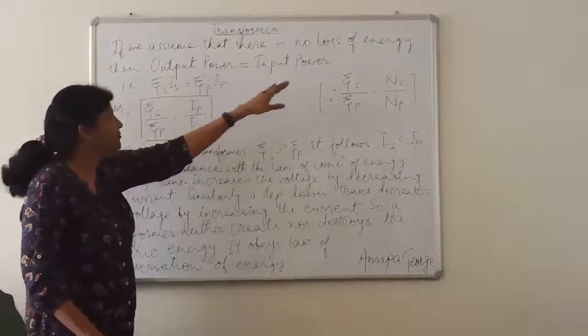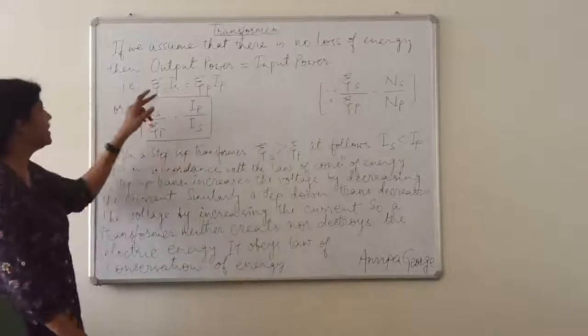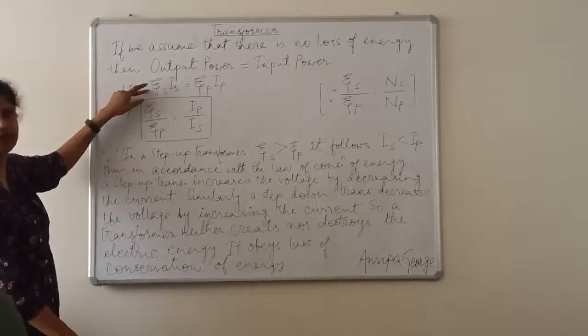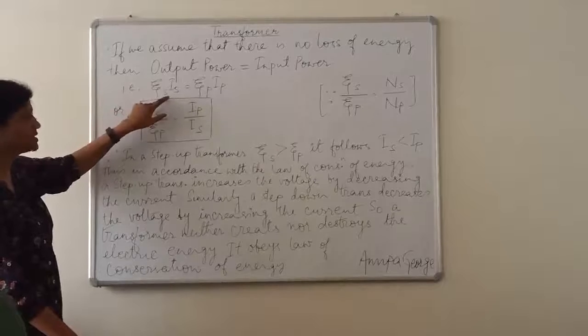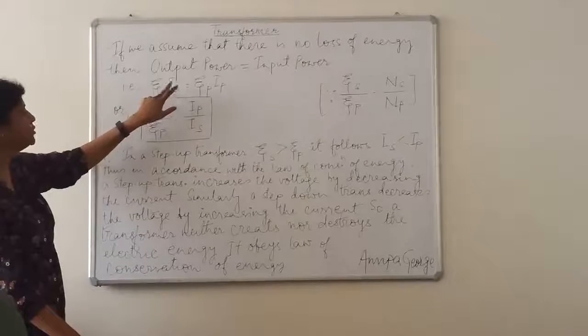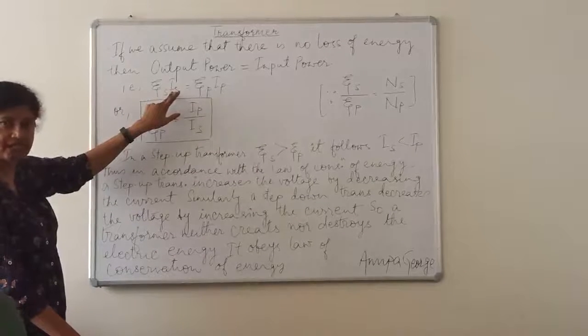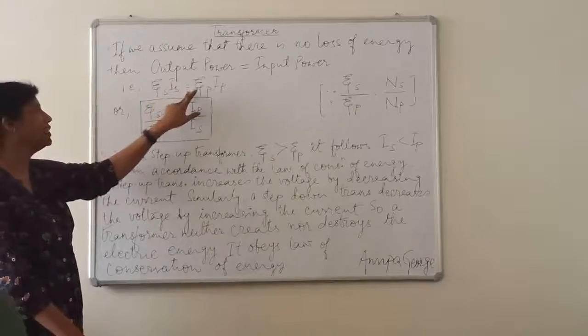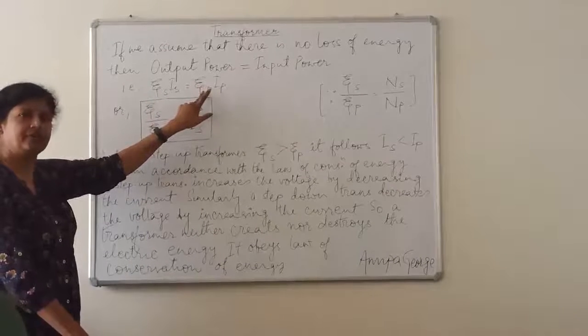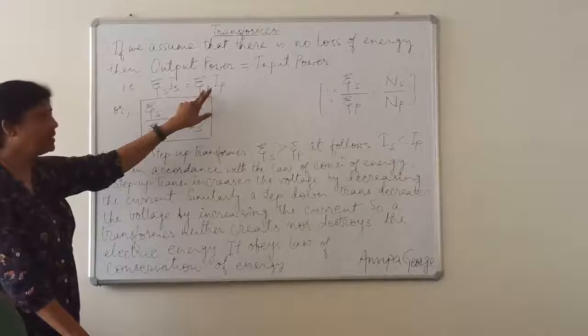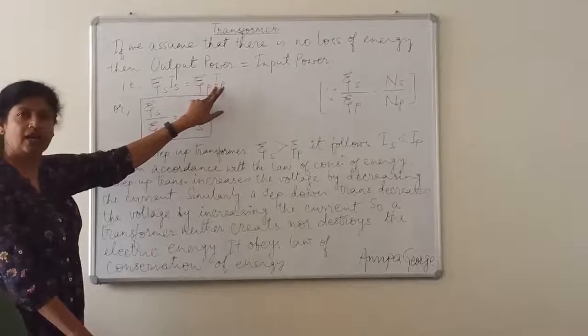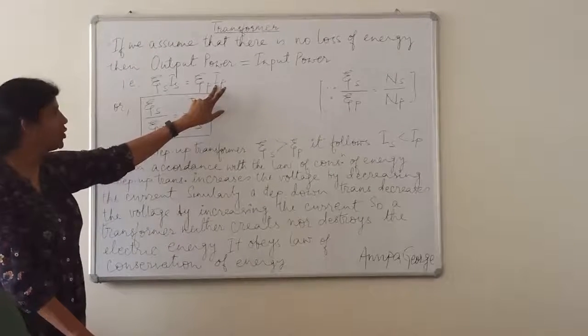Since we are having power, we can write induced EMF for secondary coil into current through secondary coil is equal to induced EMF in primary coil into current in primary coil.